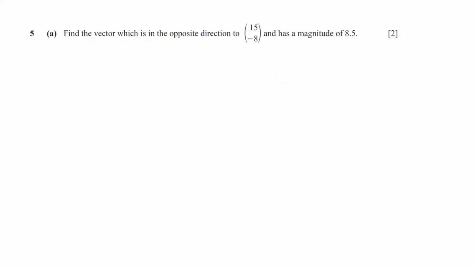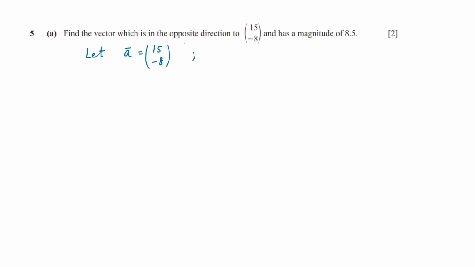Then moving ahead, part B says find a vector which is in opposite direction to (15, minus 8) and has a magnitude of 8.5. So let us say we are given a vector A, which is (15, minus 8).